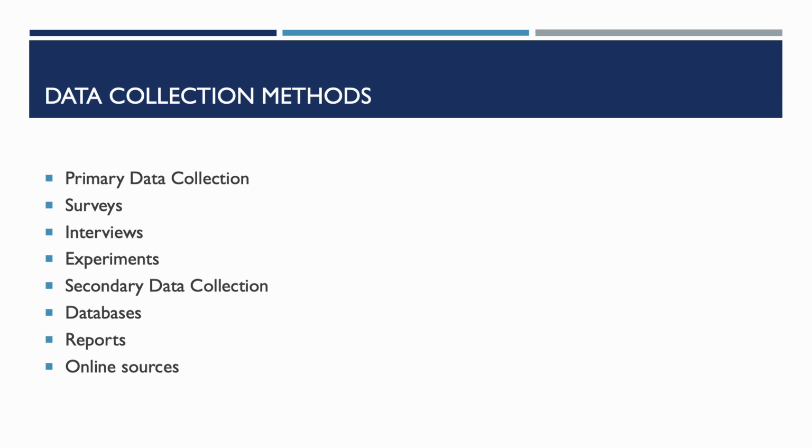So which data collection methods do we use? The primary data collection methods are surveys, interviews, experiments. Secondary data collection uses databases, reports, online sources. You all know about surveys.